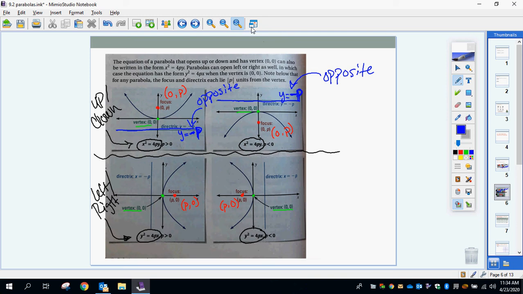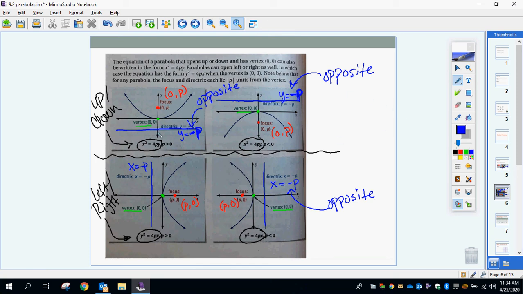So it's going to have a different equation. Instead of y equals opposite p, it's x equals opposite p. All horizontal lines start with y equals, all vertical lines start with x equals. Again, this negative symbol really means opposite of whatever p originally was, so keep that in mind.